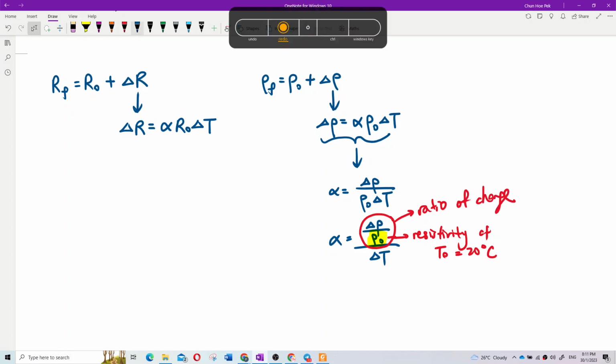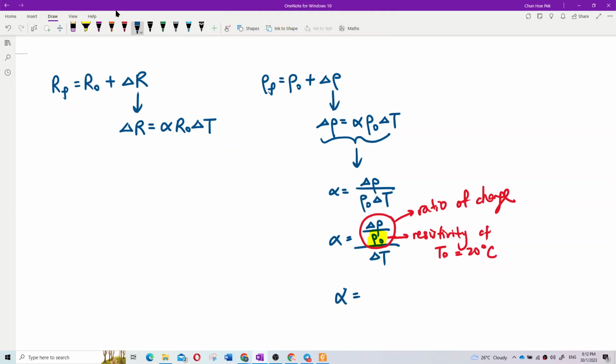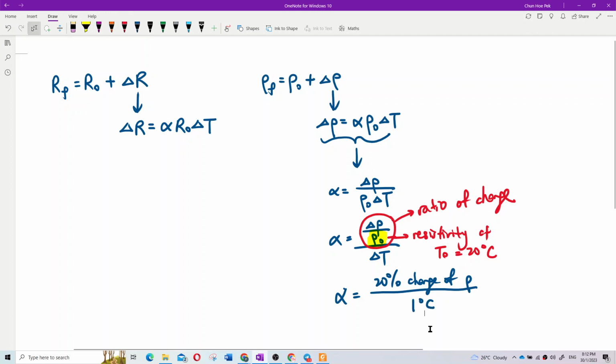So I can say alpha is actually like a 20% change of resistivity for a change of 1 degree Celsius. That means if the temperature increased 1 degree Celsius, the resistivity has changed, has increased 20%. That is what it means.